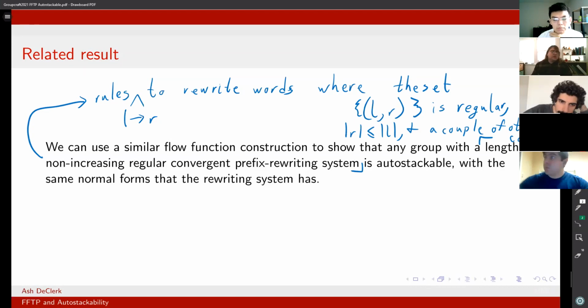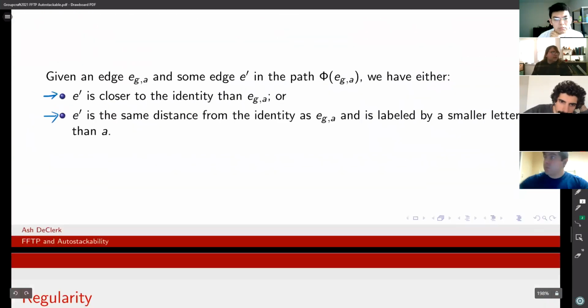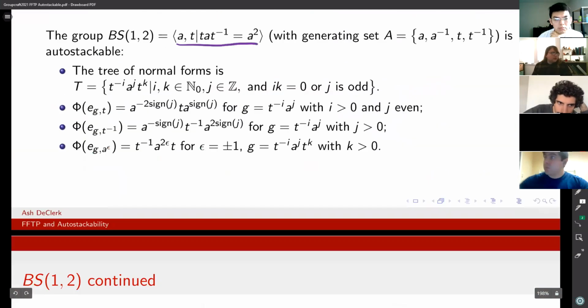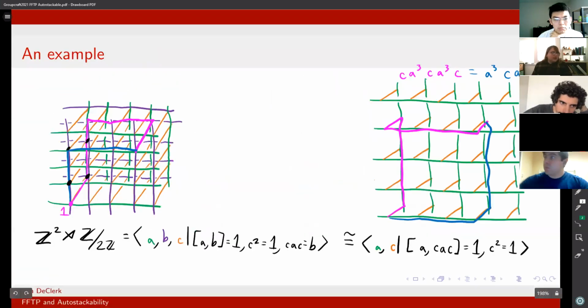This is a slightly more powerful result. In particular, the example up here, a little bit farther up, that does not have FFTP, is covered by this slightly broader theorem.